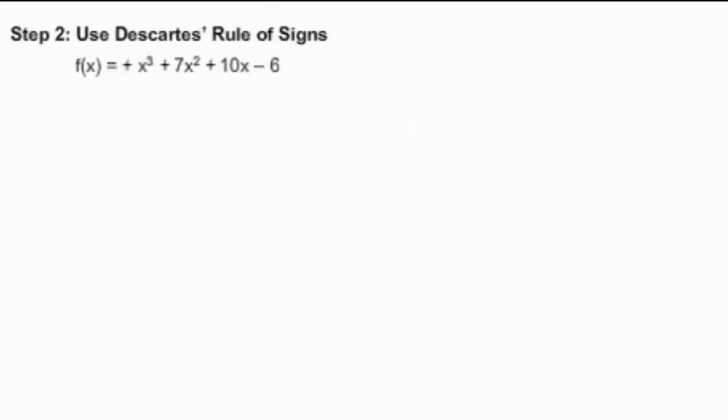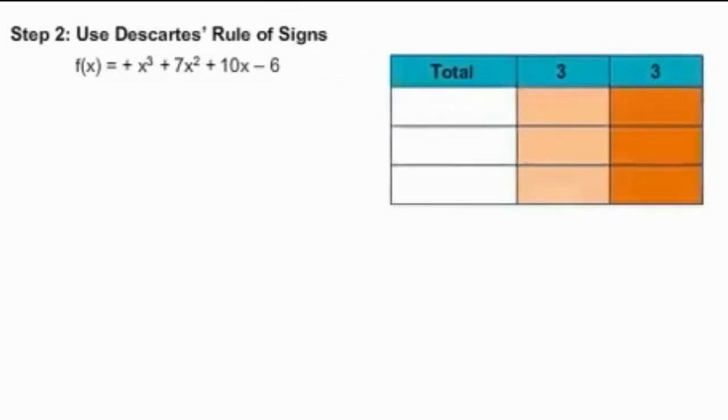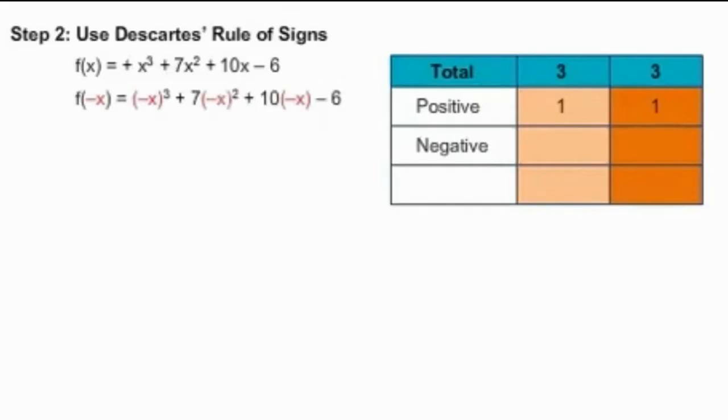So, there is only one positive zero of the function. To find the possible number of negative zeros, substitute every instance of x with negative x. Then simplify. Count the number of sign changes from one term to the next. There are two sign changes. This tells you there are either 2 or 0 negative zeros for the function.